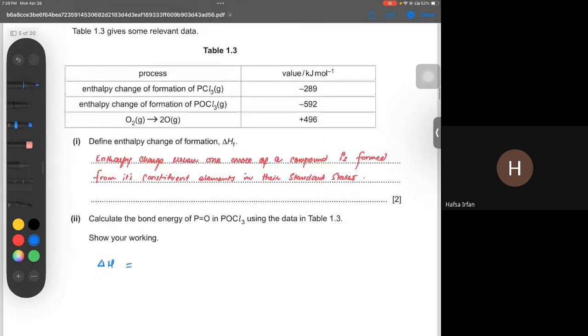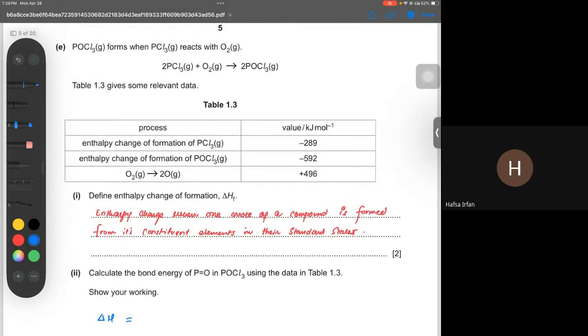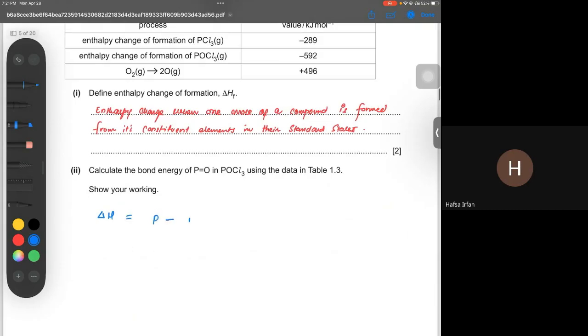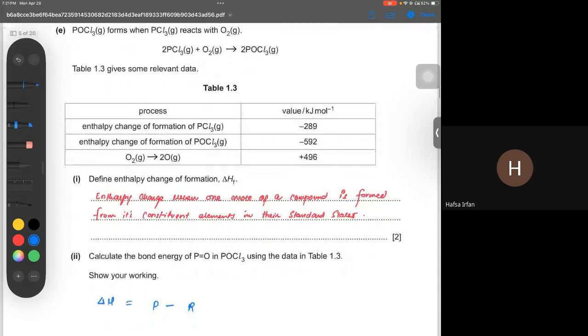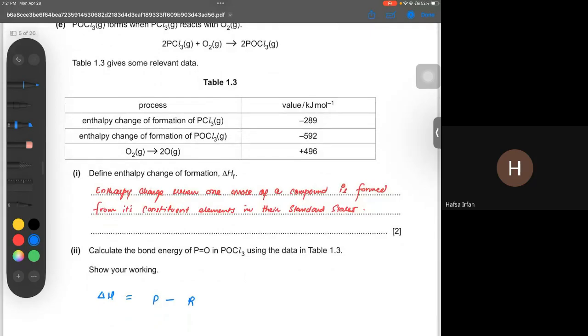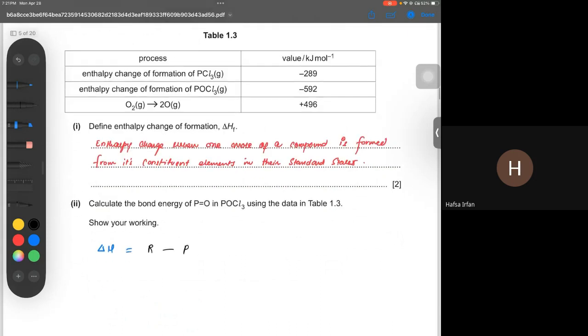Delta H is equal to product minus reactant, because this is delta H. But now they're asking about the bond energy, so I have to apply the formula reactant minus product, because they're discussing bond energy.